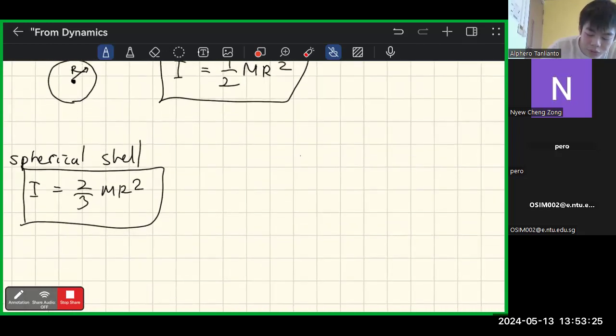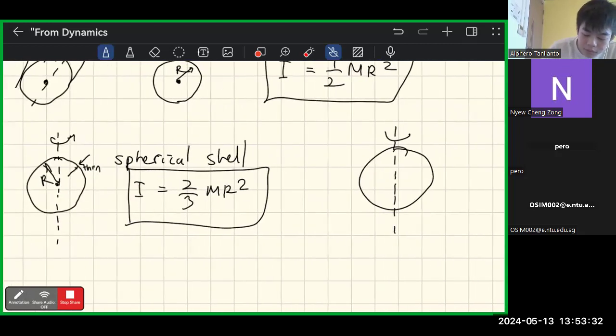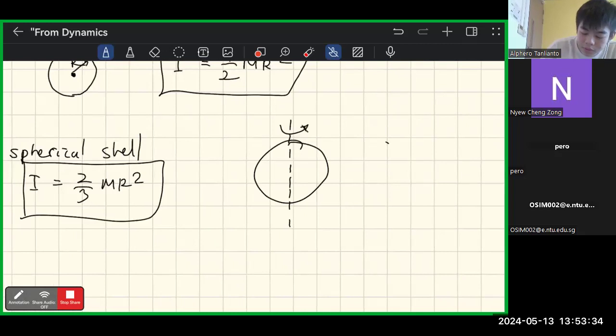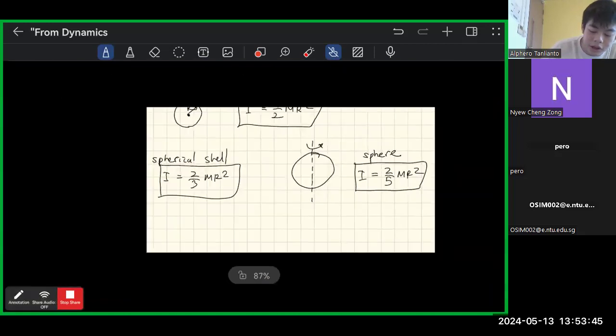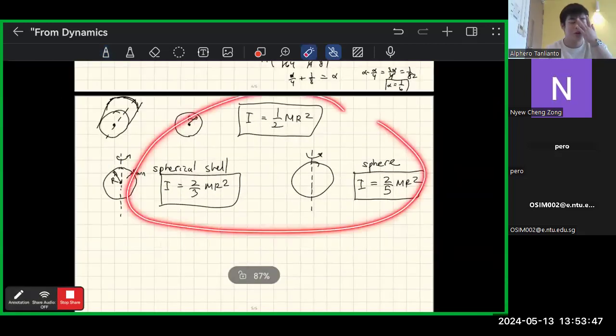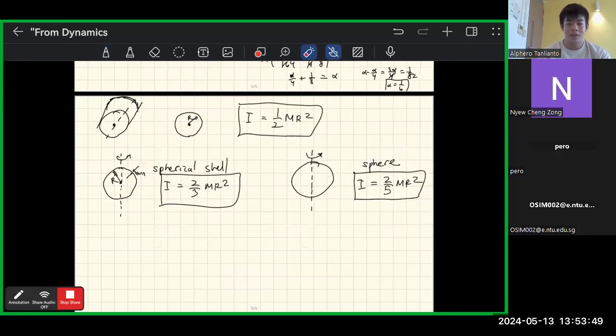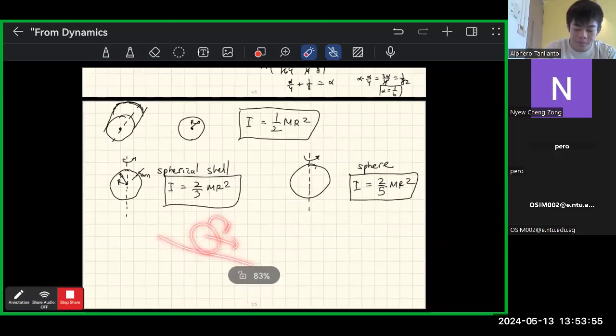If you have a full sphere, the moment of inertia is 2/5 m r squared. This is the common shape that they use. Why is it common? Because they can roll.